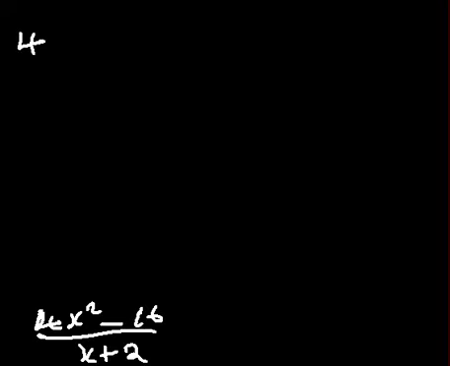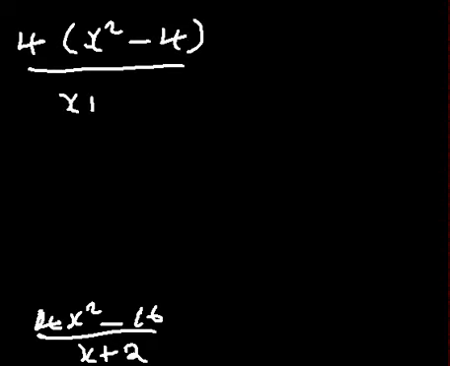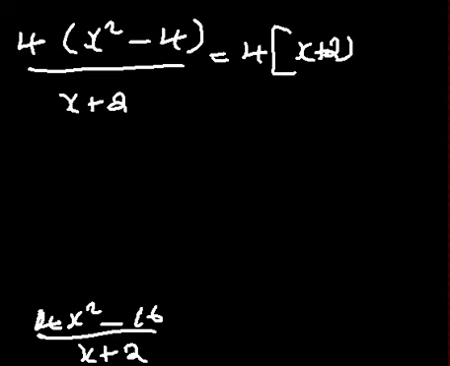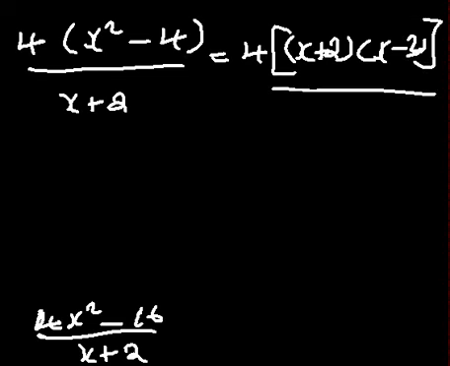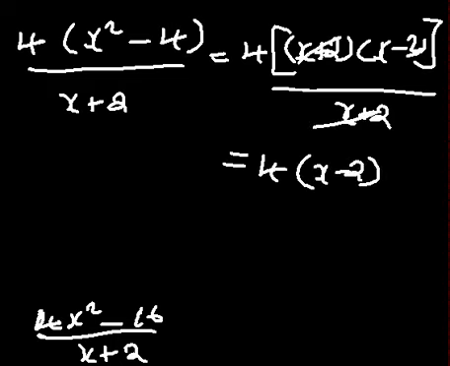We'll have 4 times x squared minus 4, which is divided by x plus 2. So also we have to factor these because these are differences of two squares. So we have 4 times x plus 2 times x minus 2, divided by x plus 2. And we have to cancel those. We'll have it as 4 times x minus 2. So that's the solution.